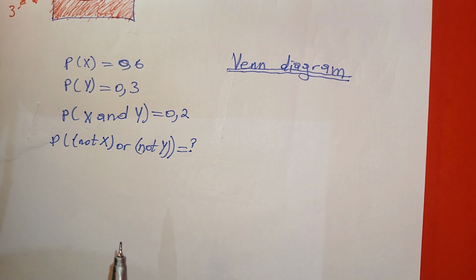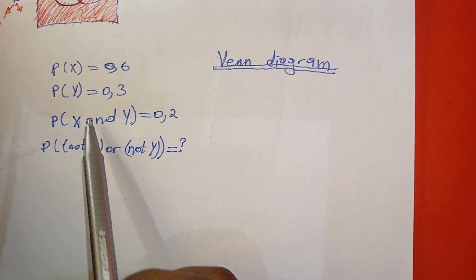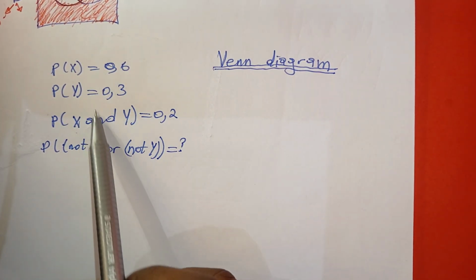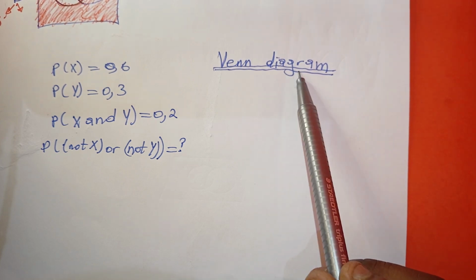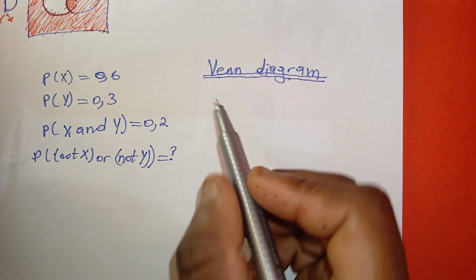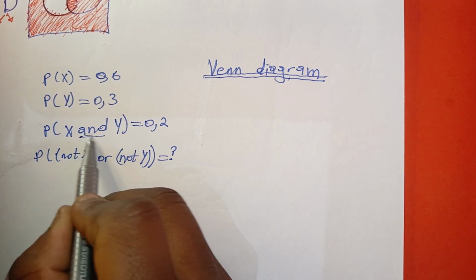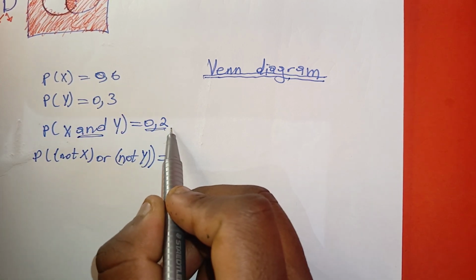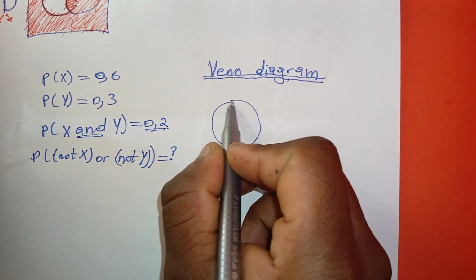Okay, guys, so after that question, here's the next question. It says that you are given these values, and what you have to do is to draw a Venn diagram. As you can see there, the intersection is 0.2, meaning this thing will intersect.